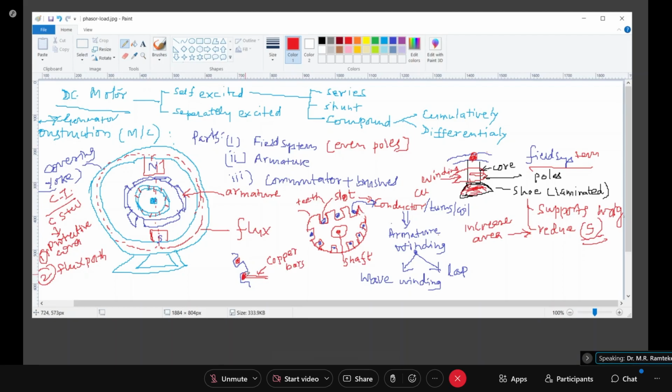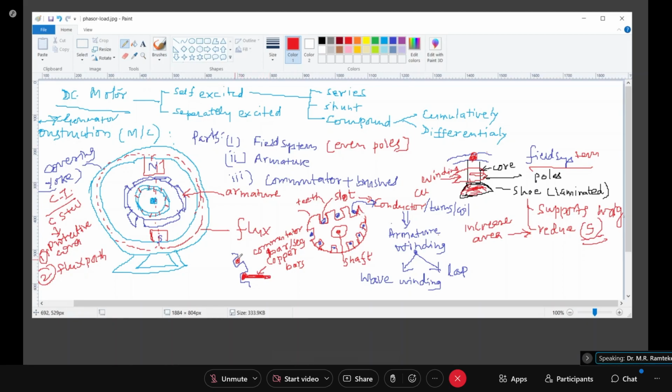After making connections, each armature coil will be connected to this bar, and we call them commutator bars. So this thick bar will be called a commutator segment or bar. Clear? So these armature conductors are connected to the thick copper bars.